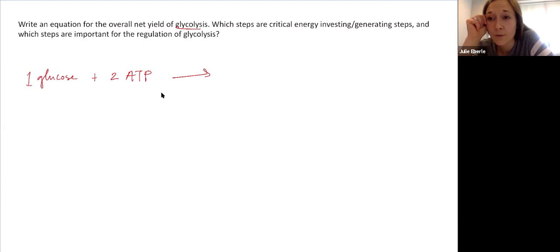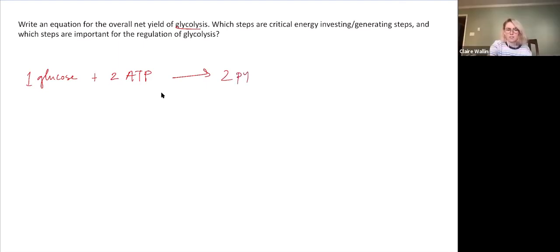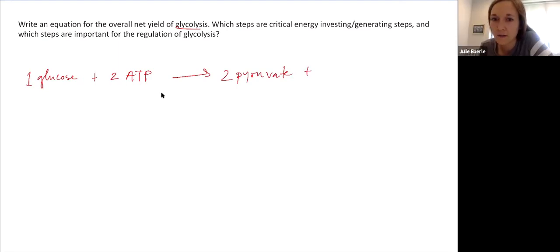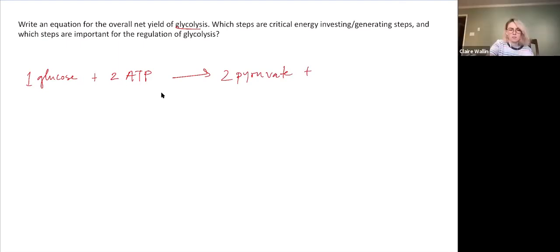Can anybody tell me one of those products? Two of something. 2 pyruvate. Mm-hmm. Plus, what else do we get? Isn't it 2 ATP as well? Yep.